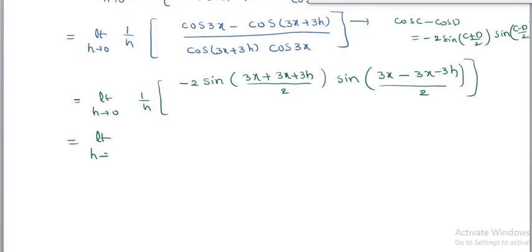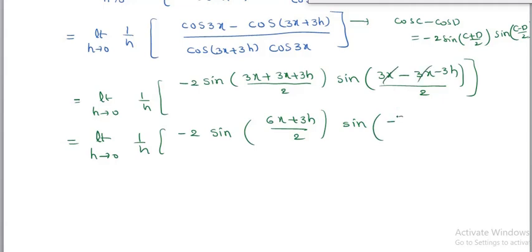Limit h tends to 0, 1/h, minus 2 sin((6x+3h)/2) sin(-3h/2). Minus into minus plus, since sin(-theta) equals minus sin theta and cos(-theta) equals cos theta.